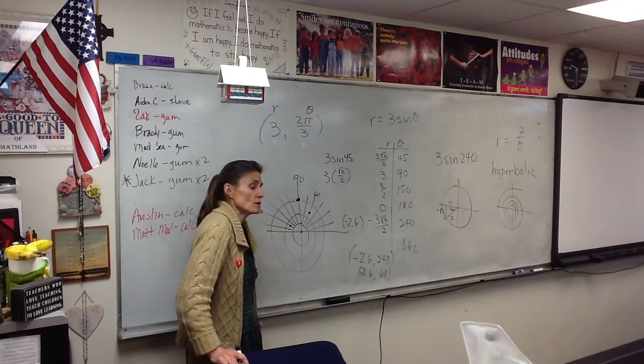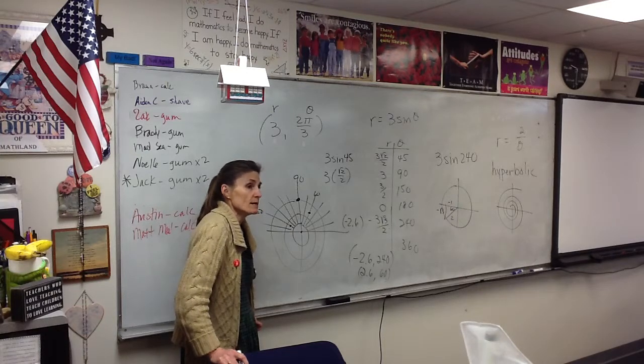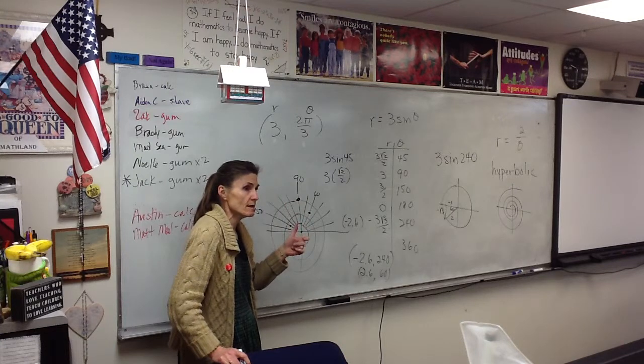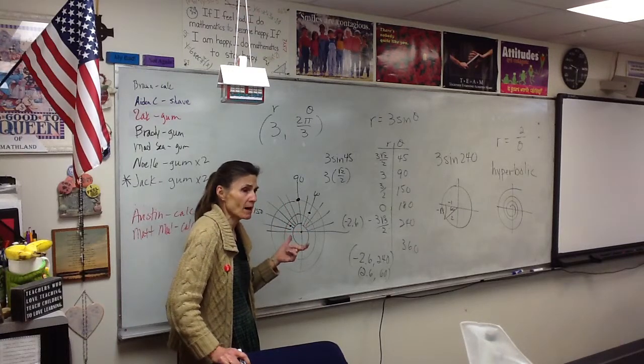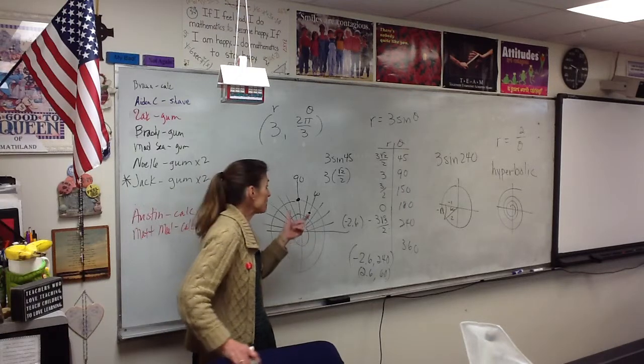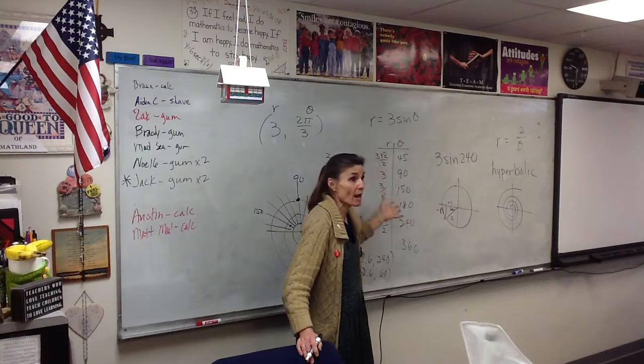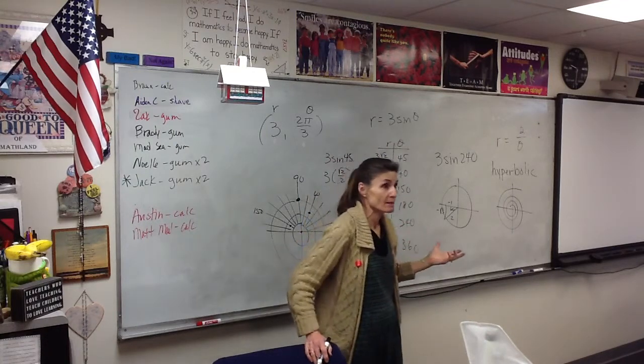I'm trying to think of a question where that would ever happen. Because if you are changing into polar coordinates, r will always initially be positive. And if you're plotting points from an equation, if you're doing a graph, you have to change it to positive.